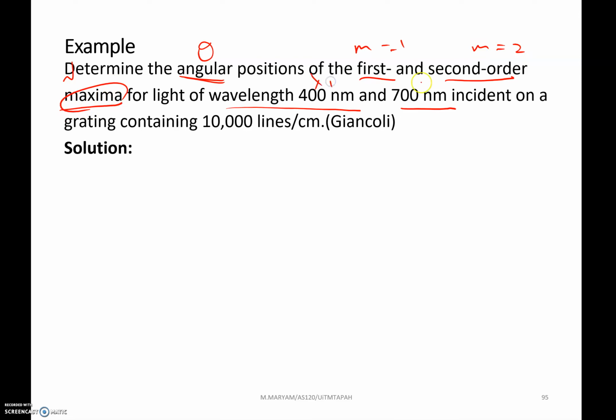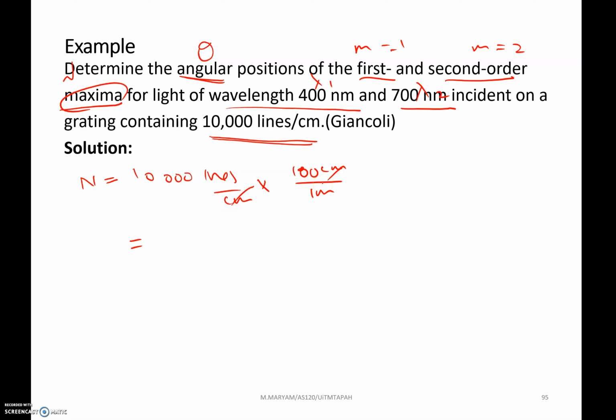Alright, so we have lambda 1 here, lambda 2 here, and a grating of 10,000 lines per centimeter. Meaning your number of slits is 10,000 lines per centimeter. Always convert to SI unit. To get rid of the centimeter, 100 centimeter is equivalent to 1 meter.